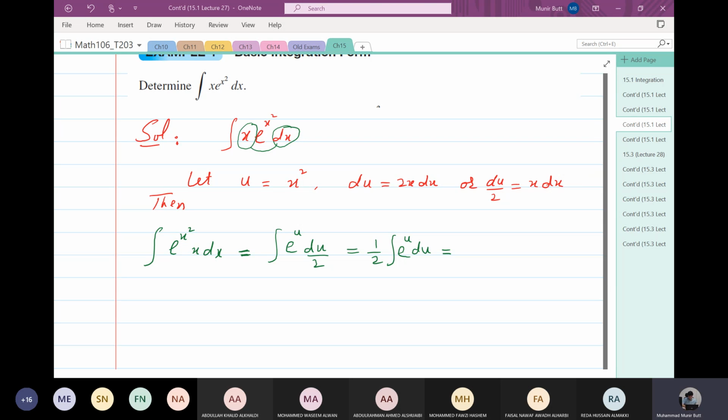Mr. Ahmad, Mr. Muhammad, Mr. Ali. What is the integration of e to the power u? Mr. Hatim, Mr. Ahmad, Mr. Khalid. Yes, doctor.